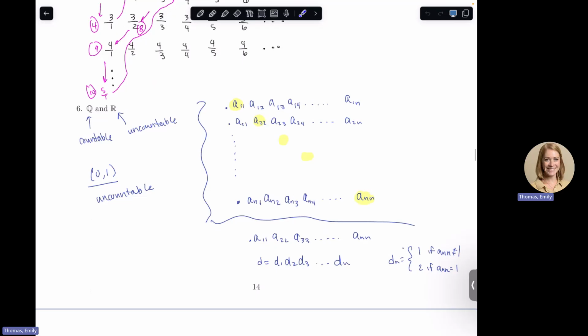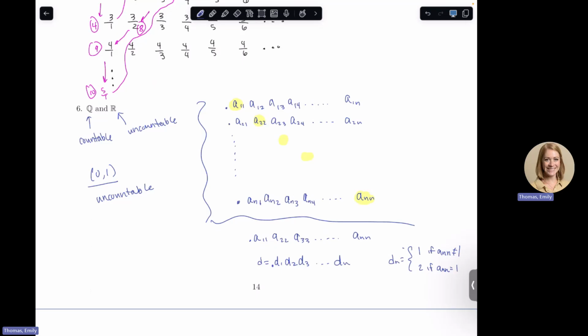Okay. We're going to write down another number. This should have a decimal in front of it. We're going to write down another number, D, that is D1, D2, D3, and so on up to Dn, where Dn is 1 if Ann, n is not 1. So if A1,1 is not 1, make it 1. If it is 1, make it 2.